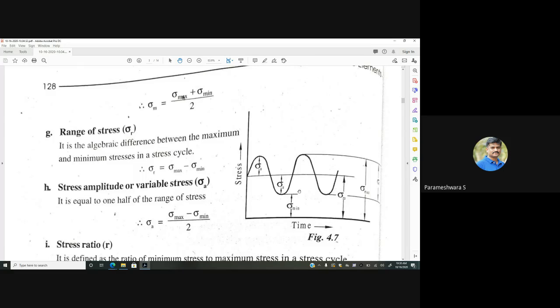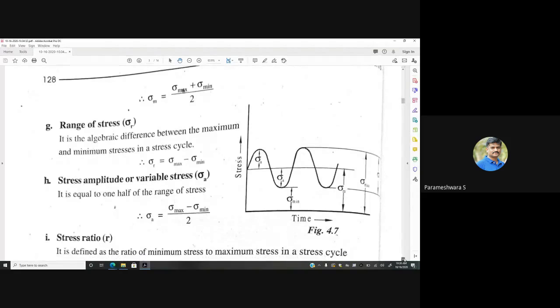So this is the indication of sigma minimum, sigma maximum, sigma mean. And the stress amplitude or variable stress, sigma a, is the difference between sigma max and sigma minimum divided by 2. That is sigma max minus sigma minimum divided by 2.